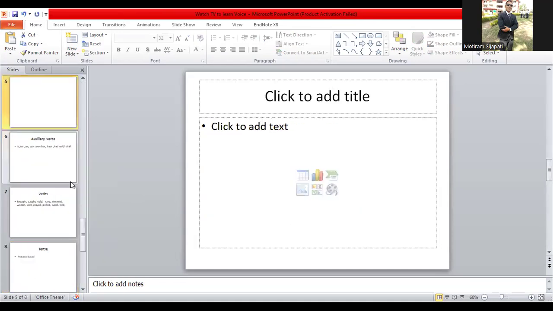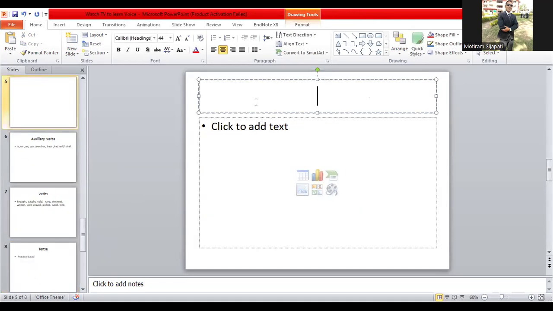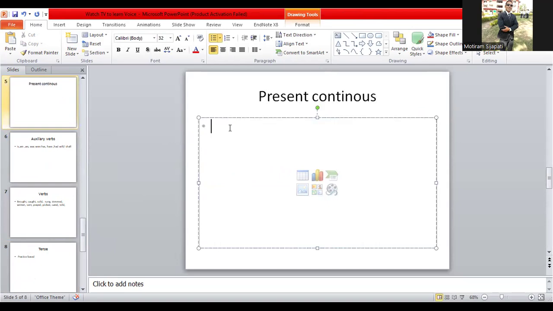Now we can add some more examples here. We can give you an example of present continuous. What are you doing? You are watching, or you are learning voice. You are learning what? Voice. This is what? Present continuous tense. In the present continuous tense, we use is/am/are plus being.